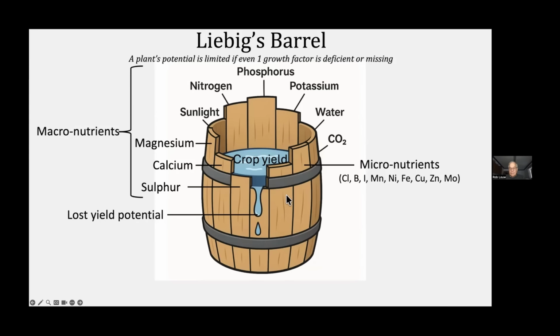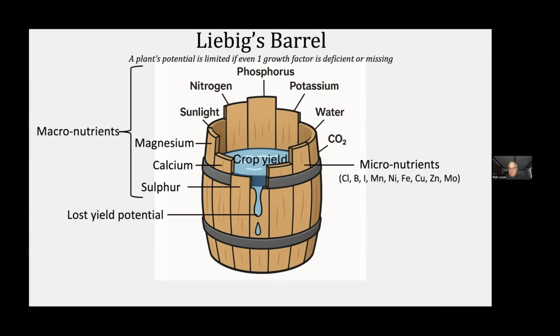So, yes, you could make carbon dioxide a lot richer and make its slat go right up to somewhere there, but it would make no difference, because if the slat that is the rate-determining nutrient is in short supply, then the plant won't benefit. So this needs to be considered.